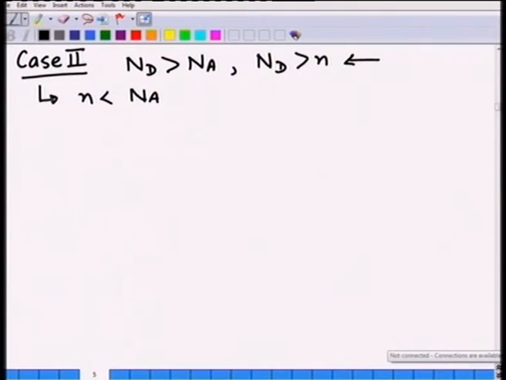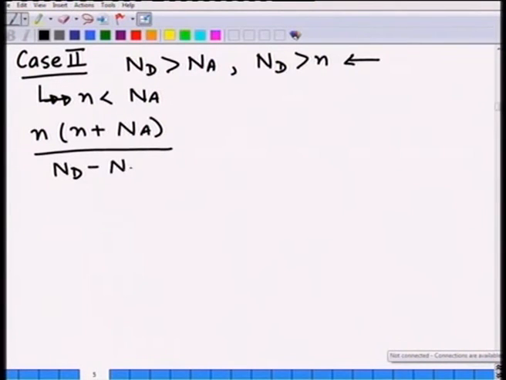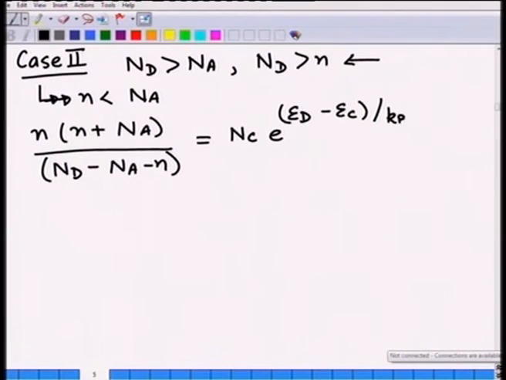So, let us go back to our expression: N plus Na divided by Nd minus Na minus N is equal to Nc e to the power Ed minus Ec divided by kBT.